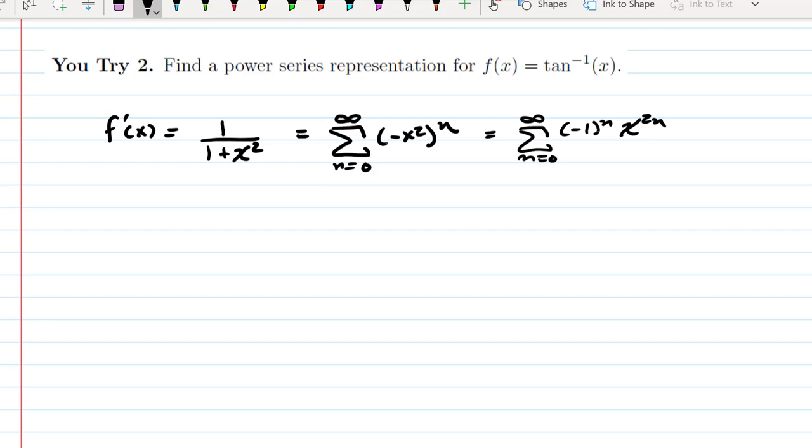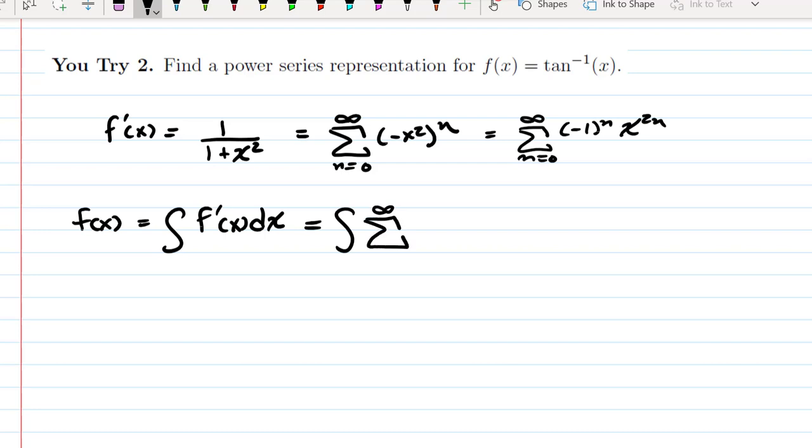But we don't want f prime, we want f. So to undo that, we would take the integral. So f of x is equal to the integral of f prime of x dx, which would be the integral of the sum as n goes from 0 to infinity of negative 1 to the n, x to the 2n dx.